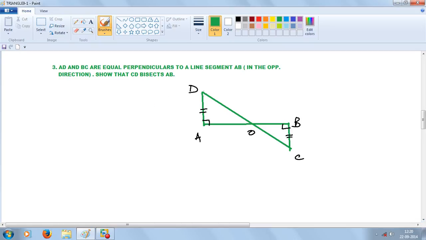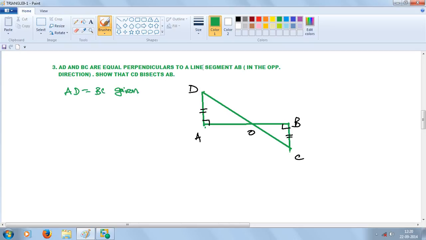So you see the diagram, AD is equal to BC, that is given. So first put AD is equal to BC, given.